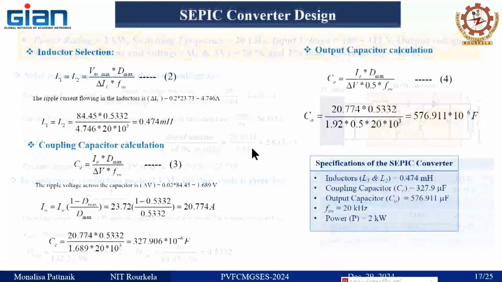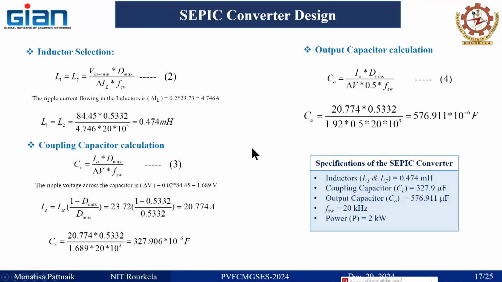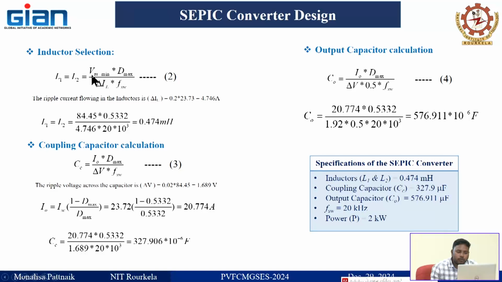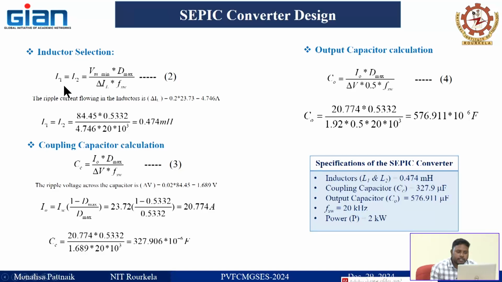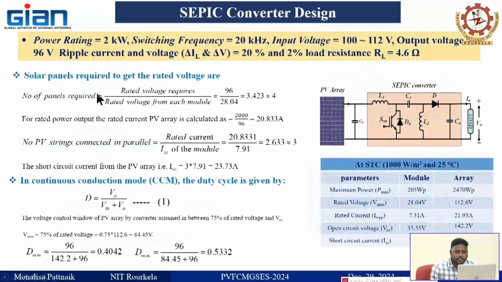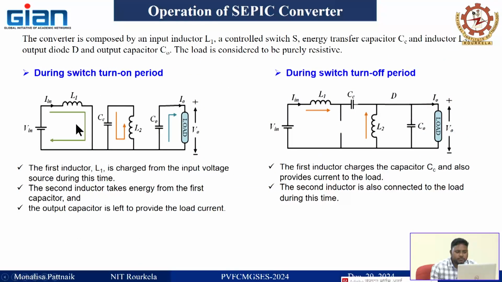parameters. Coming to our inductor selection, we are taking L1 equal to L2, because the voltage across the inductor throughout the switching cycle will be the same. When the switch is on, this voltage will be Vin, and when the switch is off, the coupling capacitor, which is charged to Vin, places this voltage across L2.